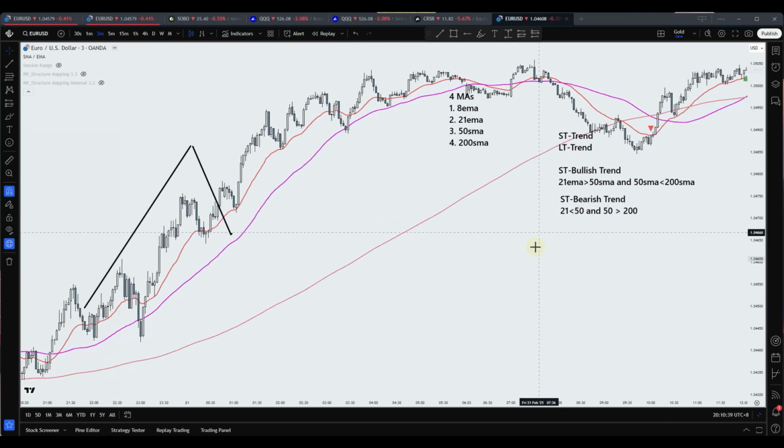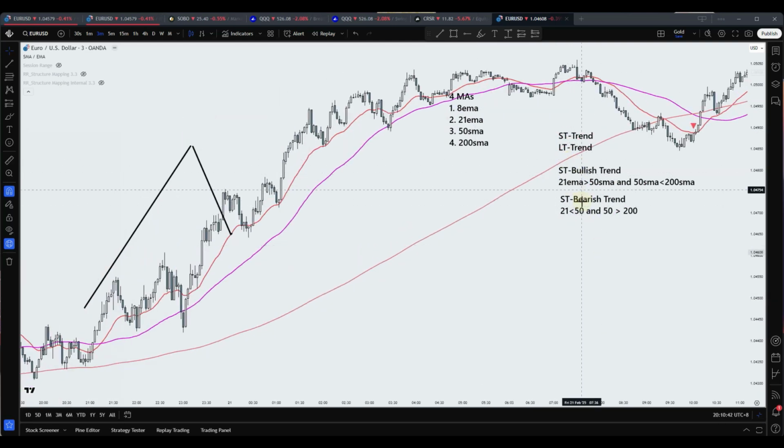Okay, so I told you two types of trend, and now we are going to check the remaining two, and those are much easier. Why? Because everything is longer term. Let's say that is the short term bullish, and now we are going to talk about the long term bullish.